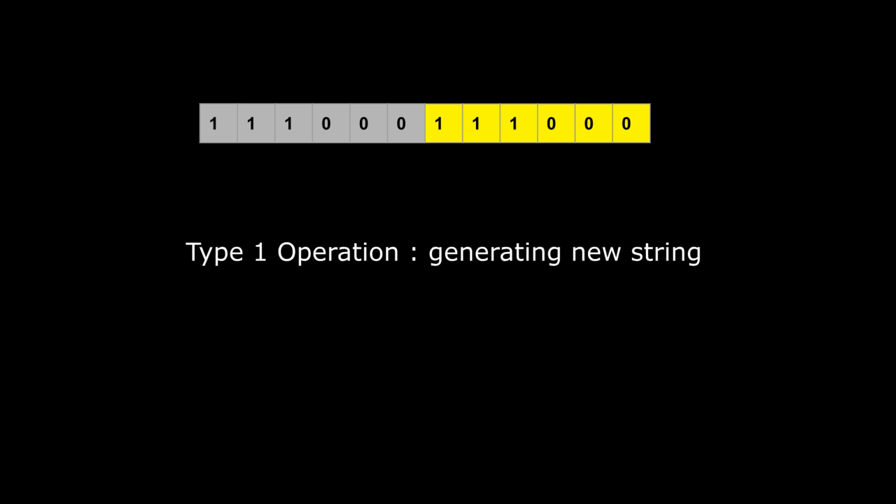Accordingly, we can do the same to the second character, third character, fourth character, and so on and so forth. What you can see here is we are moving in a cyclic manner. Basically, the type 1 operation is generating new strings which we can get if we move along the string in a cyclic manner.